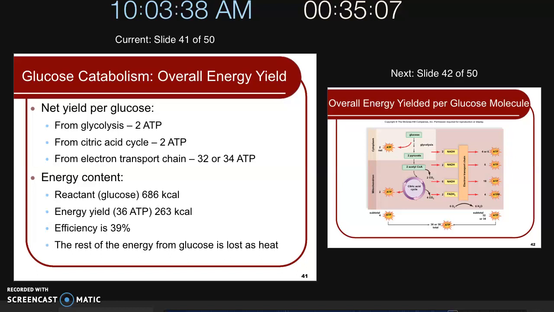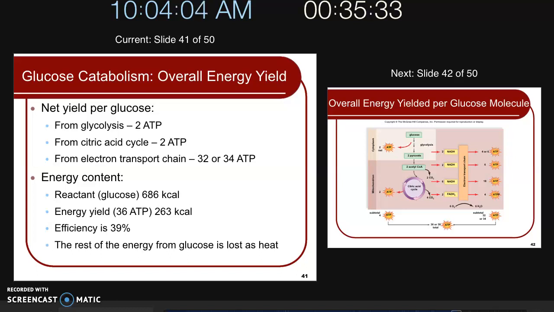So the overall energy yield of the entire process: you've got your glucose molecule going in, glycolysis gives you 2 ATPs, the citric acid cycle gives you another 2 ATPs, and the electron transport chain gives you between 32 and 34 ATPs. That means that a glucose molecule has 686 kilocalories in it.